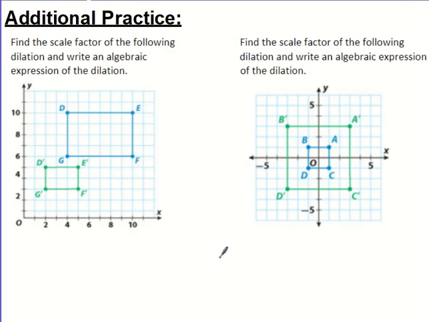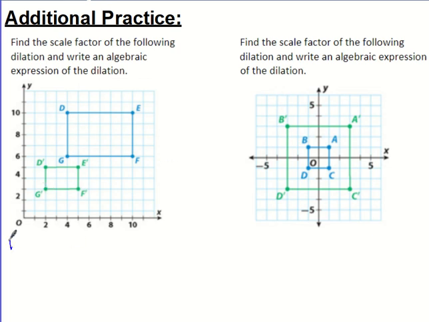All right, so this is kind of a little backwards. This is similar to our quizzes actually, where they gave you the pre-image and gave you the image and asked you to find out what happened to it, right? So same idea. Now it says find the scale factor of the following dilation and write an algebraic expression of the dilation. So what we have to do is look at D and D prime and E and E prime and F prime and G prime and find out what they changed by.